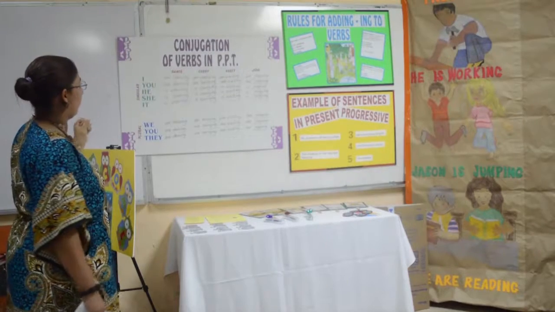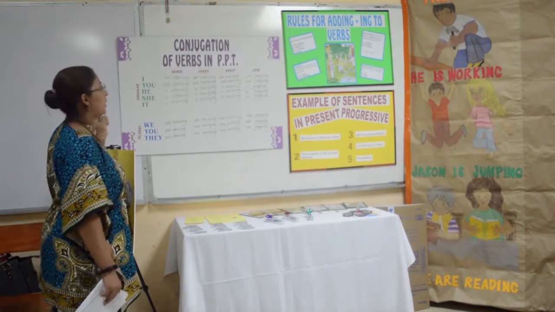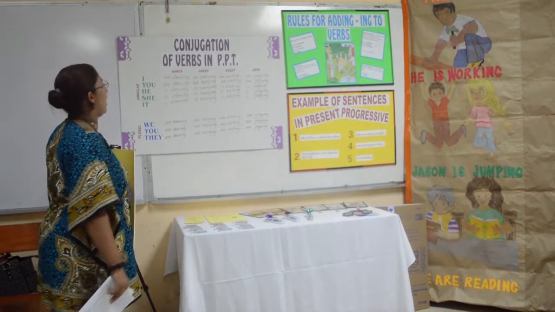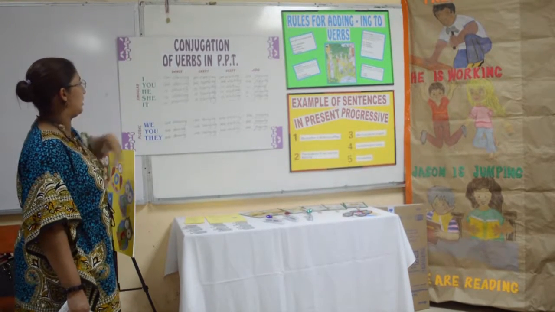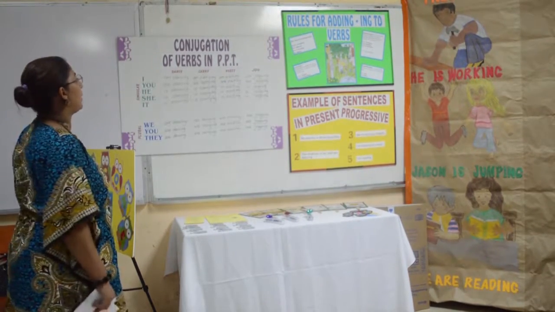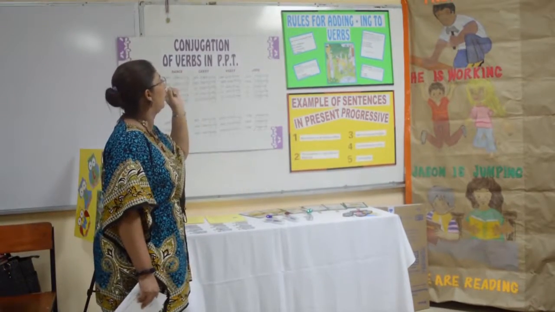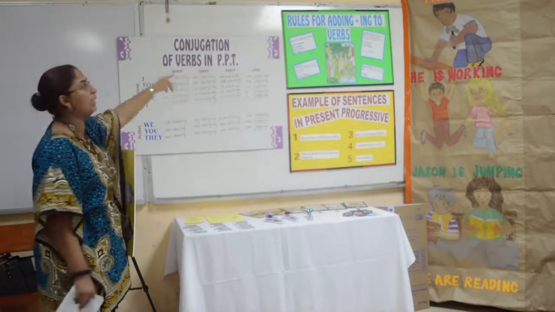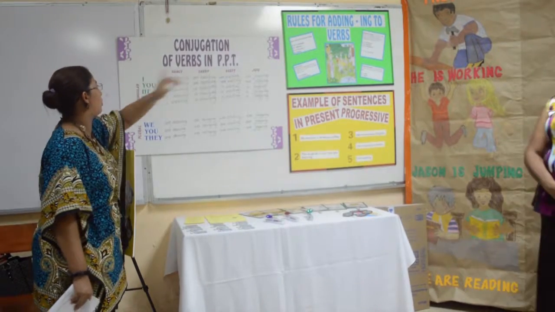Another verb, visit, that is a regular verb, and we have to add only the ing. We have I am visiting. And jog, this is a verb with a pattern of consonant, stressed vowel and consonant. We have to double the final consonant and add ing. So I have I am jogging.